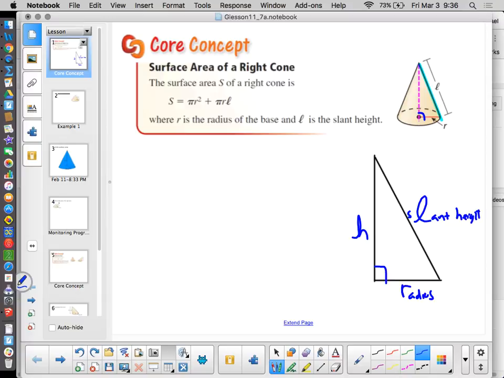So the slant height is always the hypotenuse, which is kind of confusing because the H, height, is not the hypotenuse, but we got to deal with it. So if I set up my Pythagorean theorem, I always know that the radius squared plus the height squared equals the slant height squared.